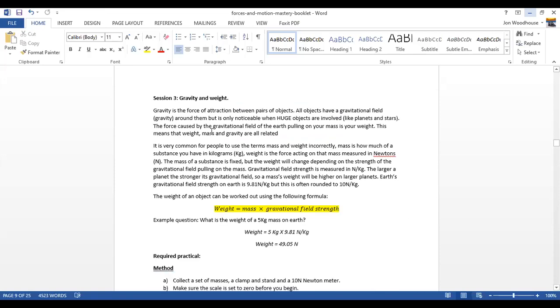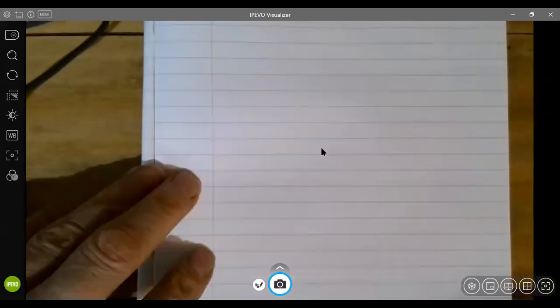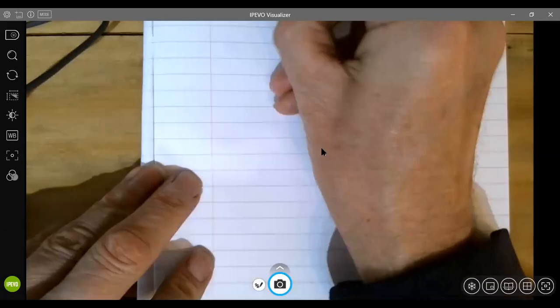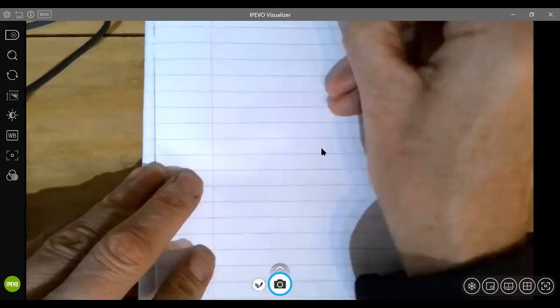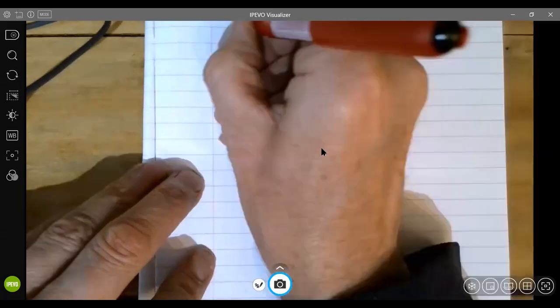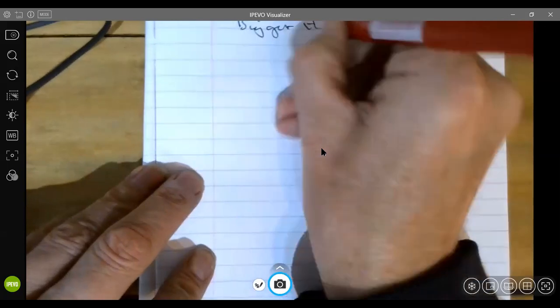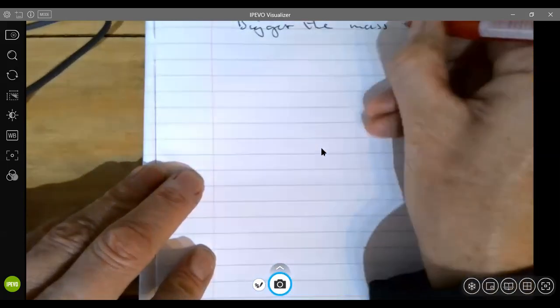So what we're talking about here then is this idea that all objects with a mass have got a pull of gravity around them. So gravity is an attractive force. Now gravity is a very weak force. But the bigger the mass, the more gravity it has.